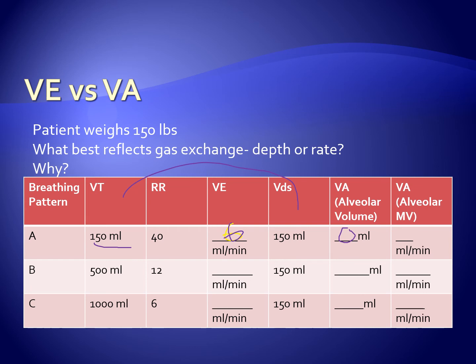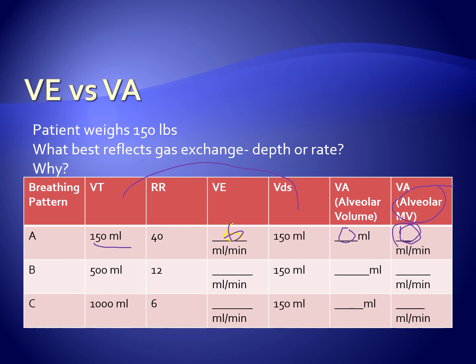Their alveolar volume is 0, and 0 times a respiratory rate of 40 is still going to be 0. So over the course of a minute, that patient isn't exchanging any CO2 and O2 with their bloodstream. That's very bad. Their oxygen levels are going to drop very quickly, their CO2 levels in their bloodstream are going to rise pretty quickly, and the pH of the bloodstream is going to change pretty quickly.